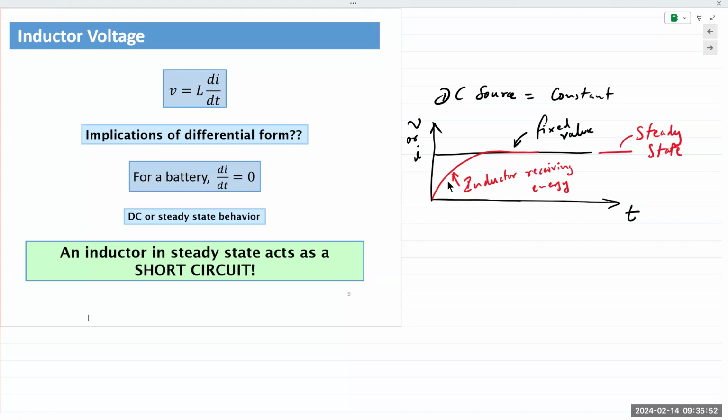That makes sense to everyone? Okay, di over dt is 0, and so voltage goes to 0. All right, any questions before I move on?